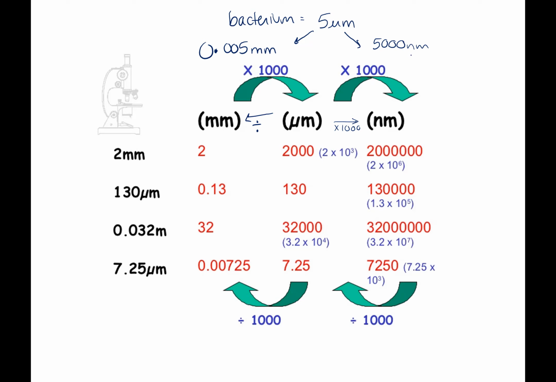If we were going to write these numbers in scientific notation, 0.005 millimeters is the same as, we move the decimal 1, 2, 3, 5 times 10 to the minus 3 millimeters.